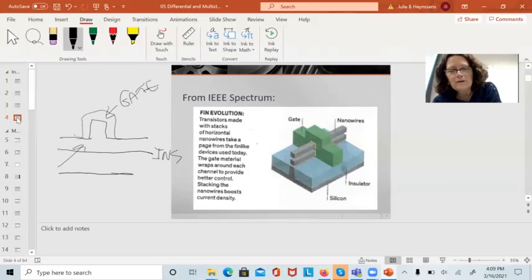So the logical conclusion to this last year was that Samsung said, okay, we're going to take this raised gate, and instead of having it on 3 dimensions, we're going to have gate all around. So I have 4 sides of the rectangle are the gate of that transistor, and you're controlling, this is the drain over here and this is the source.